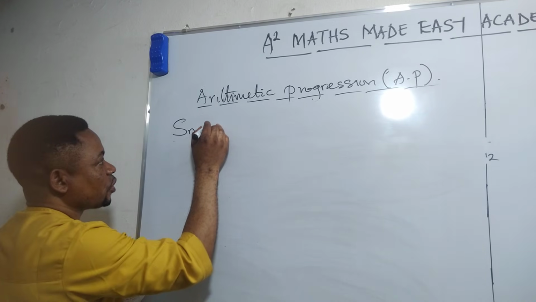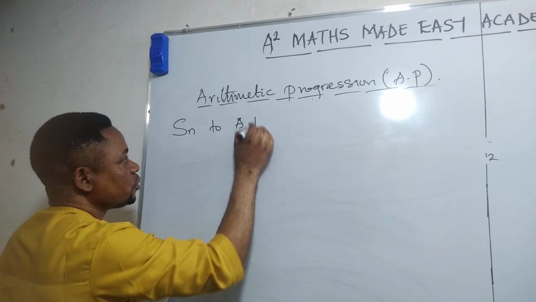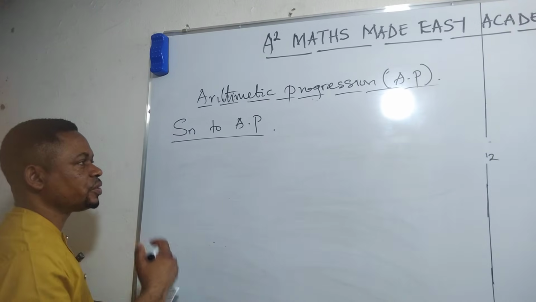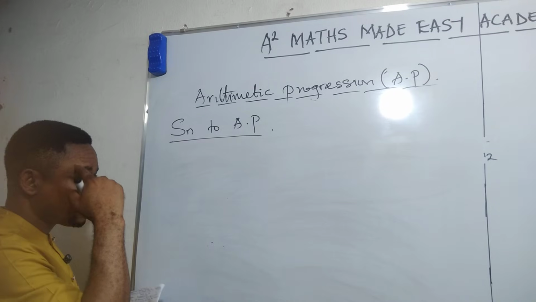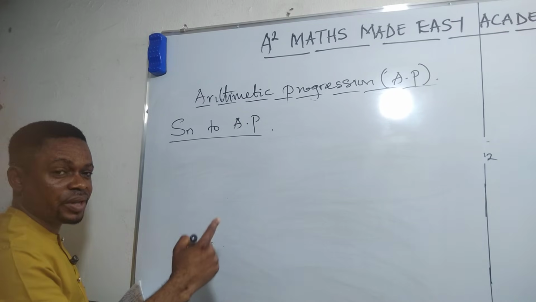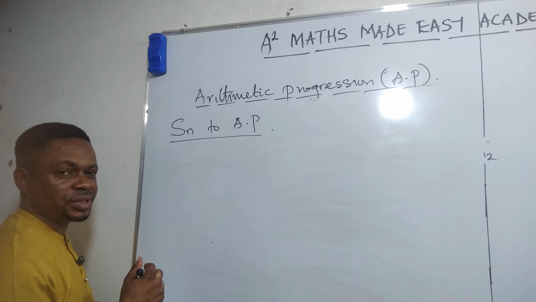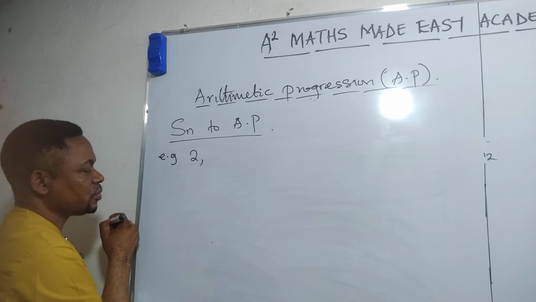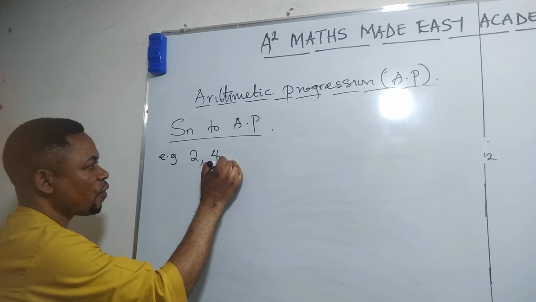So we are talking about sum of arithmetic progression. When you are dealing with sum of arithmetic progression, what comes to your mind is finite sequence and what? Infinite sequence.